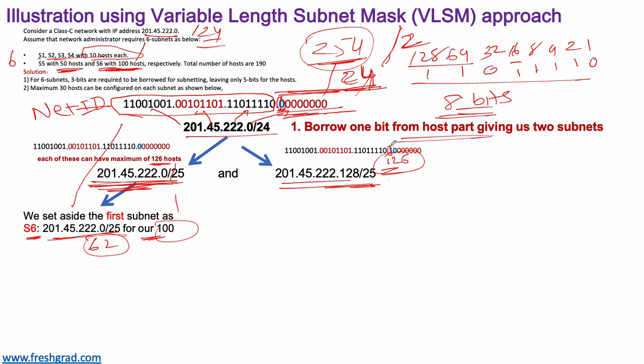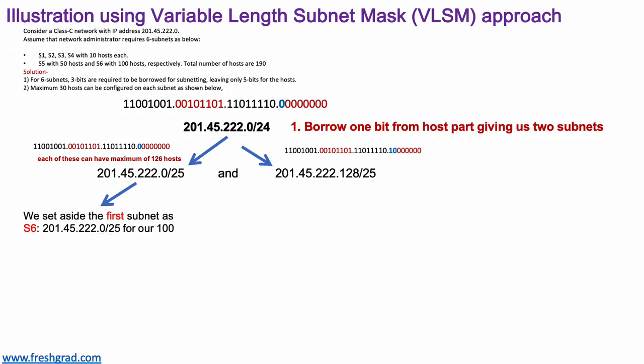So remember, what is our subnet mask here? 255.255.255.128, our subnet mask. So we borrow one more bit here. Our subnet mask is slash 25, and you borrow one more bit.